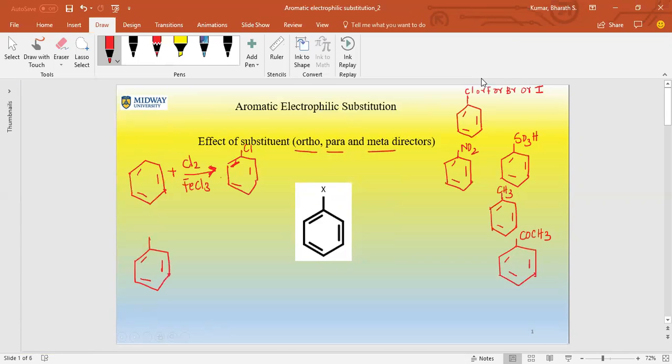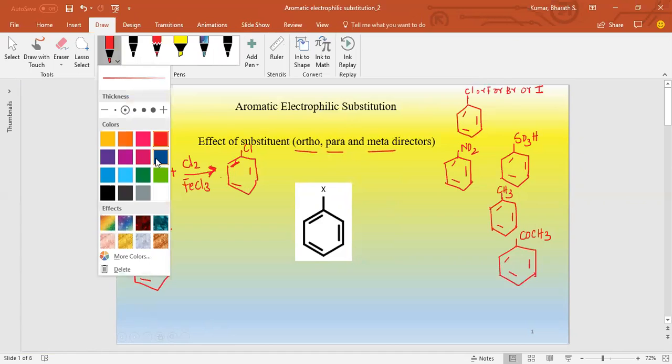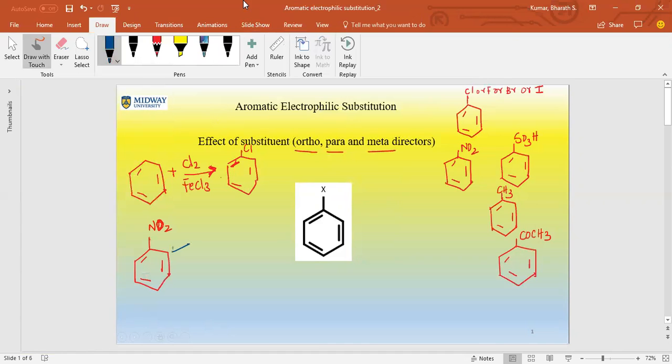You must have one substituent, say this is NO2. Okay, with respect to the existing substituent, I'm going to add different colors just to make that difference. So the one in blue, this is ortho. Similarly, this position is ortho as well.